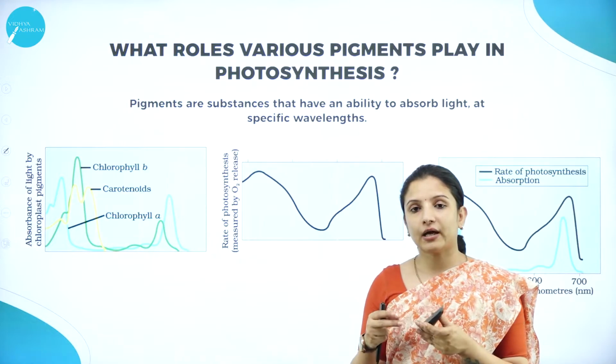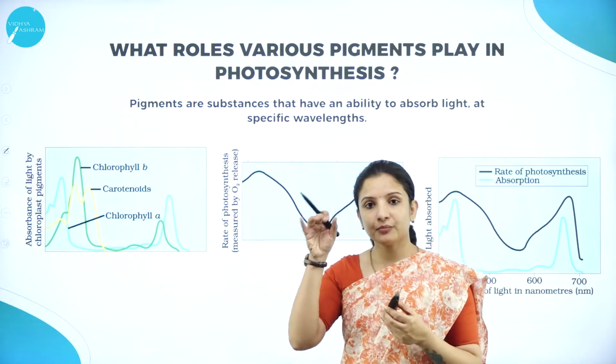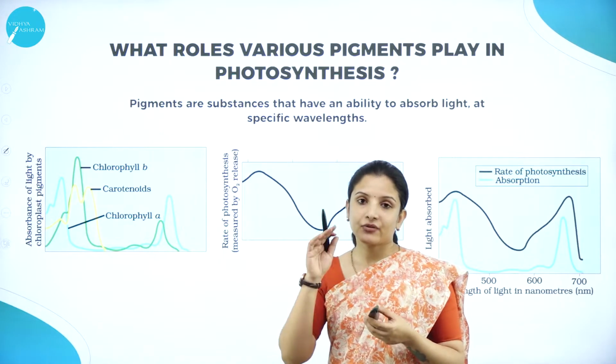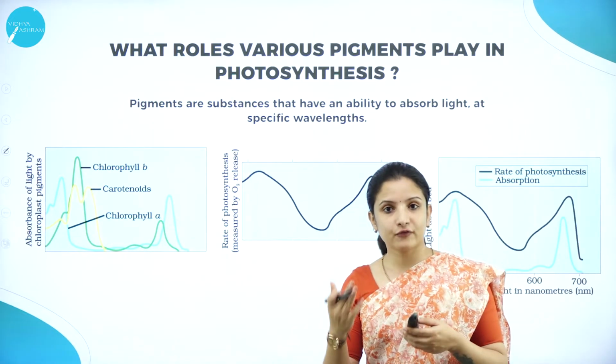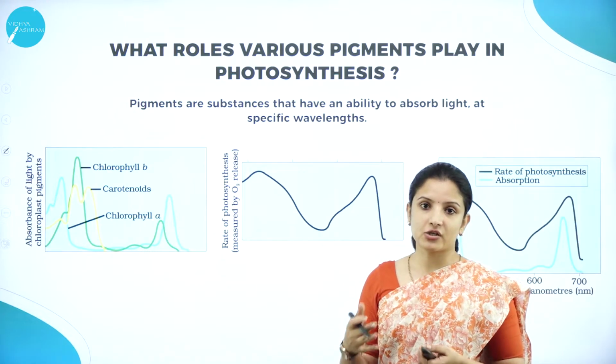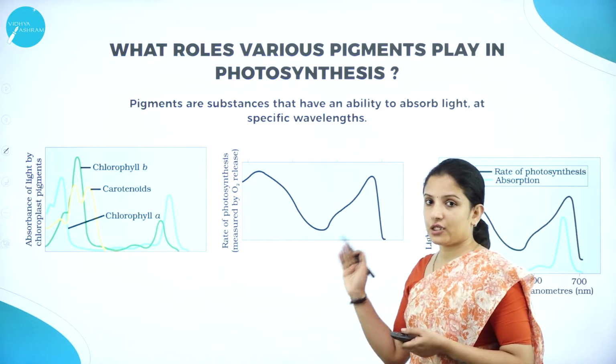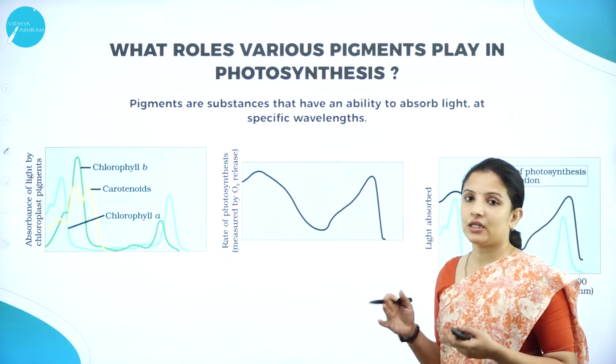He found that the red and the blue light were absorbed maximally by the plant, and therefore it increased the rate of photosynthesis and the liberation of oxygen. Now this was depicted in the form of a graph in order to understand it very clearly.